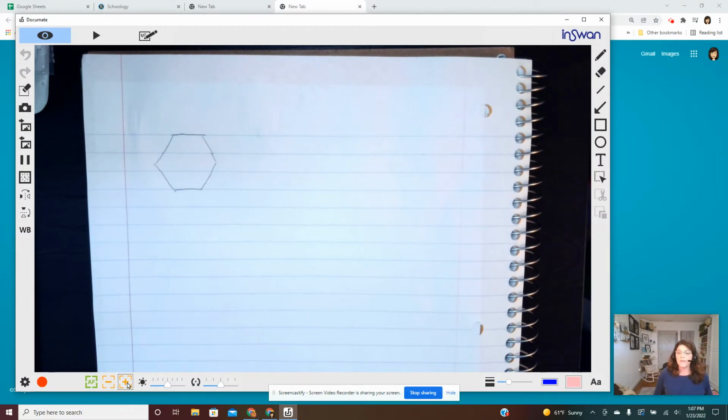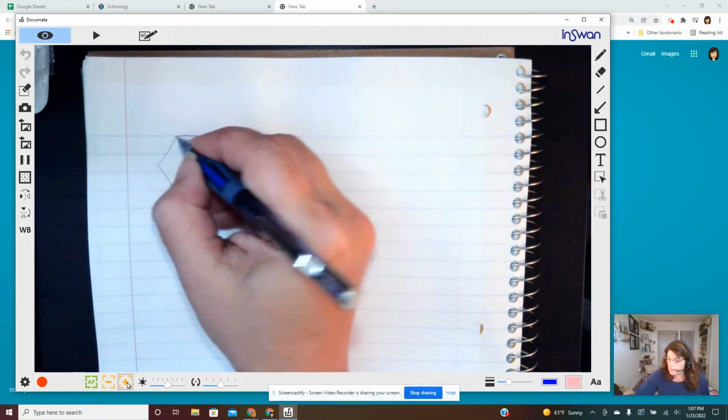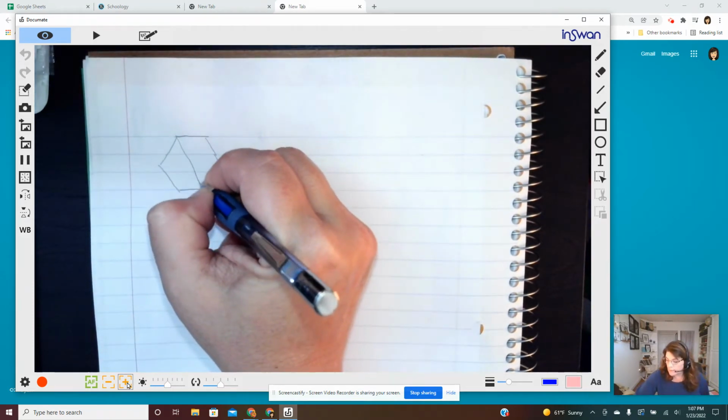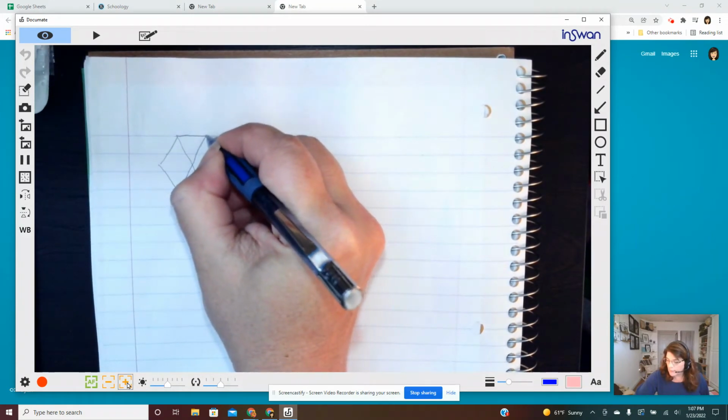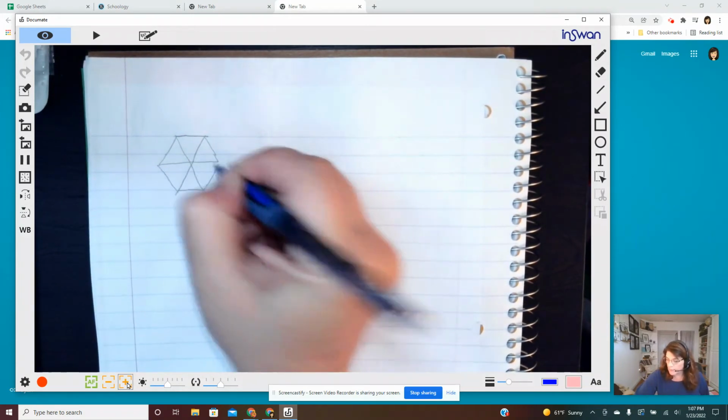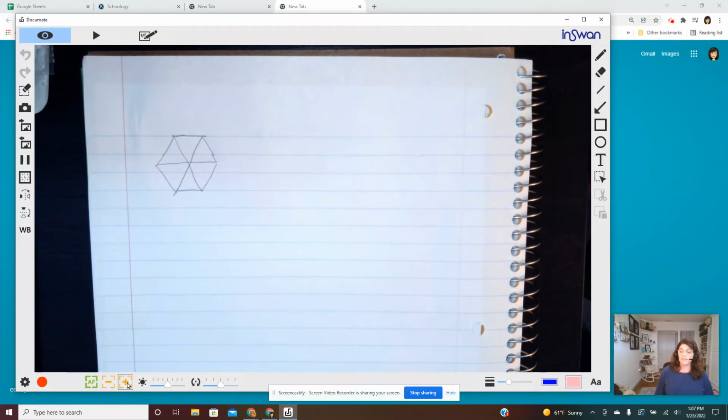Okay, here's the awesome thing about a hexagon. It's just a bunch of triangles. Look. It's like a sliced up pizza. We know how to find the area of a triangle.